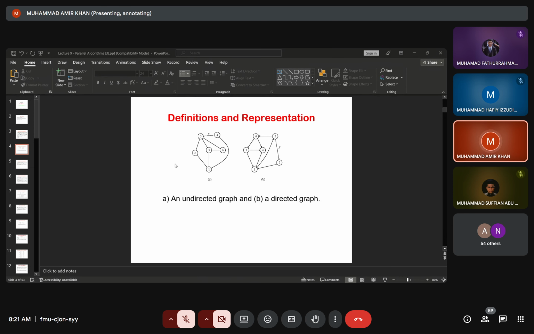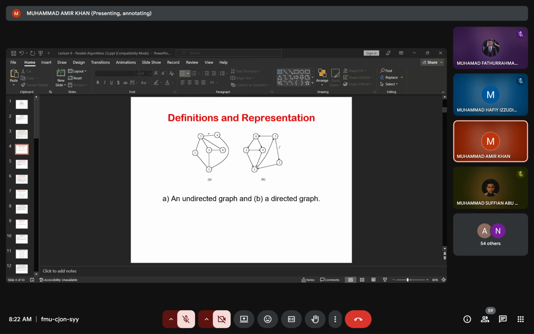No direction means that, for example, an edge is mutual: A to B means A is connected to B and B is connected to A. For example, a Facebook friendship network where the connection is mutual. A is connected to B and B is connected to A. The use cases are social media, road networks with two-way streets, and computer network topologies.